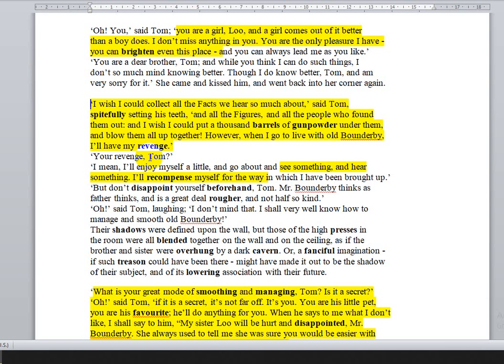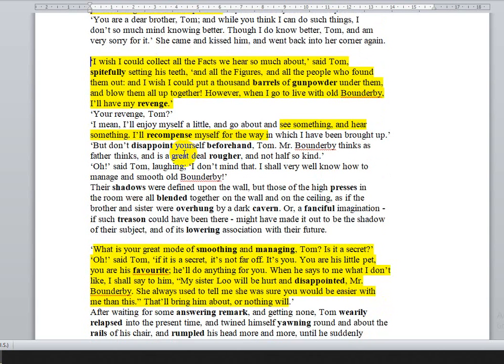I wish I could put 1,000 barrels of gunpowder under them, and blow them all up together. However, when I go to live with old Bounderby, I will have my revenge.